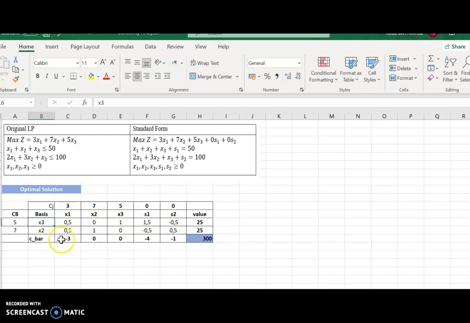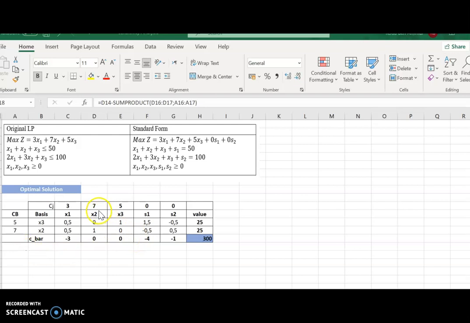Well, it's not going to be the same as x1. We're not going to have changes only on the c-bar values of these two variables. It's actually going to cause changes in the c-bar values of the non-basic variables.